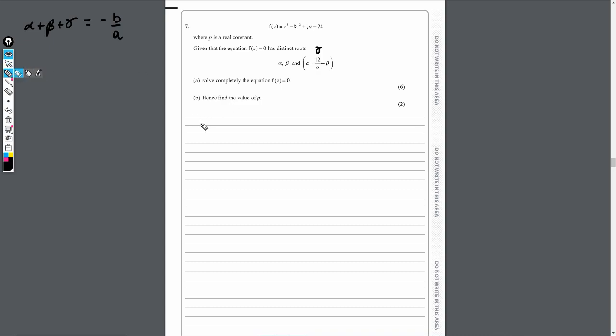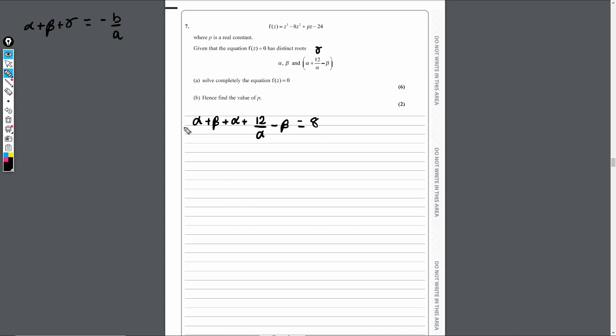Alpha plus beta plus alpha plus 12 over alpha minus beta is equal to minus b over a, which is 8. Okay, so that's equal to 8.